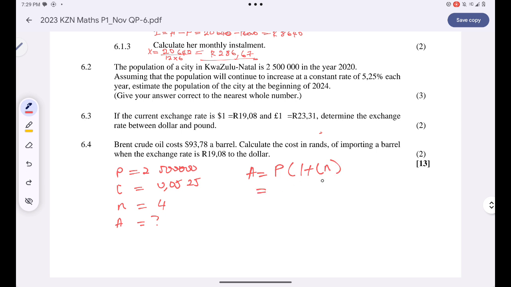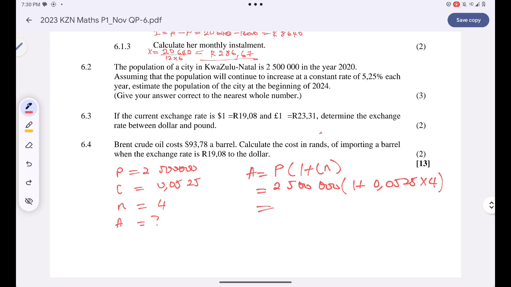And I'm using this simple interest because I was told that there's a constant growth rate. So I have 2,500,000 times (1 plus 0.0525 multiplied by 4).